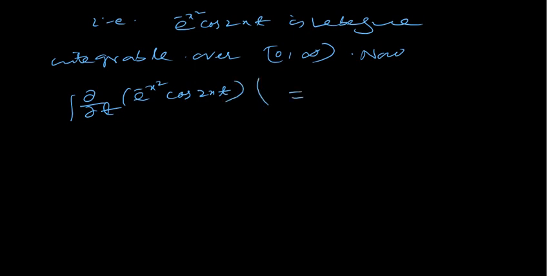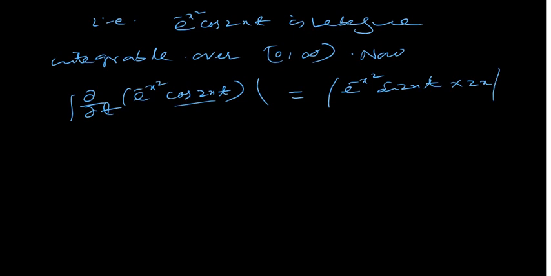You have to differentiate with respect to t, so e power minus x square stays as it is, it is a constant, and then this will be sine of 2xt. It's actually minus sine, but you are under mod, so you don't need to write the minus here. Differentiation of 2xt with respect to t is 2x.